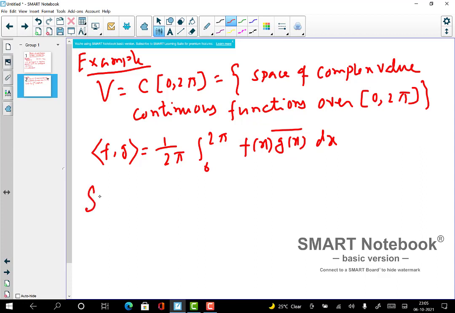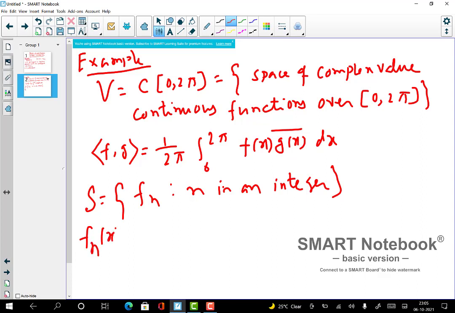Let me start with a set S, a collection of functions f n where n is any integer, and f n of x is defined by e power i n x, where 0 is less than or equal to x less than or equal to 2 pi.